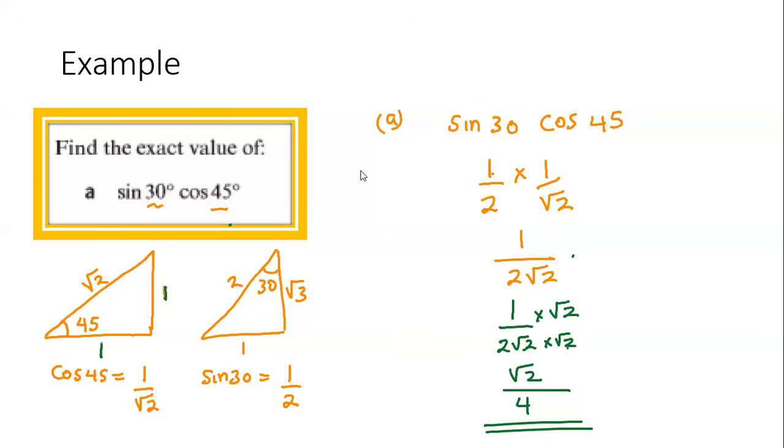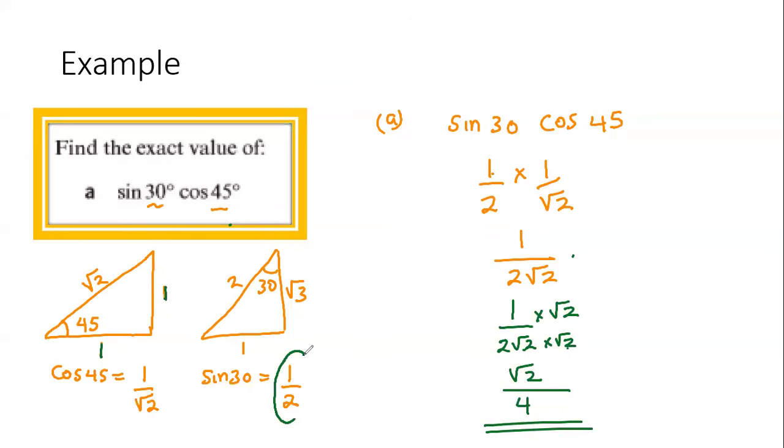Yes, Gertrude. Good morning, sir. Yes, good morning. Sir, for this part of sine 30, sine is opposite over hypotenuse. But here I see the hypotenuse is root 2, yet on the triangle, the hypotenuse is 2.